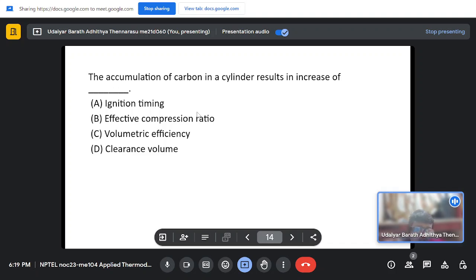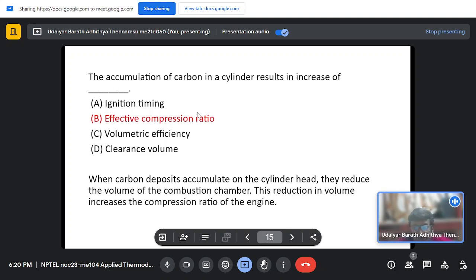So this will affect some of the parameters mentioned here. So this carbon will keep on depositing because of incomplete combustion, and the lubricating oil which is coming in for lubricating the piston and cylinder arrangement. So that will affect the effective compression ratio.